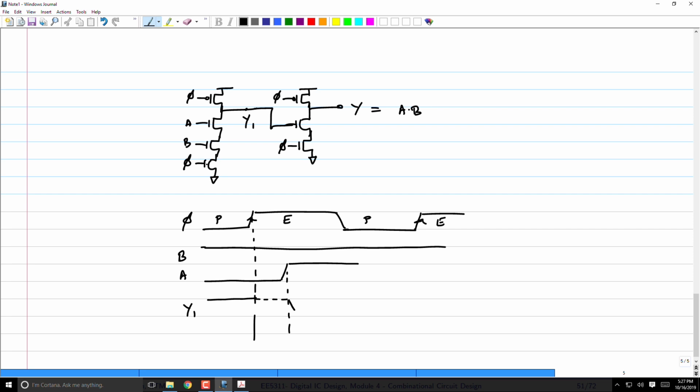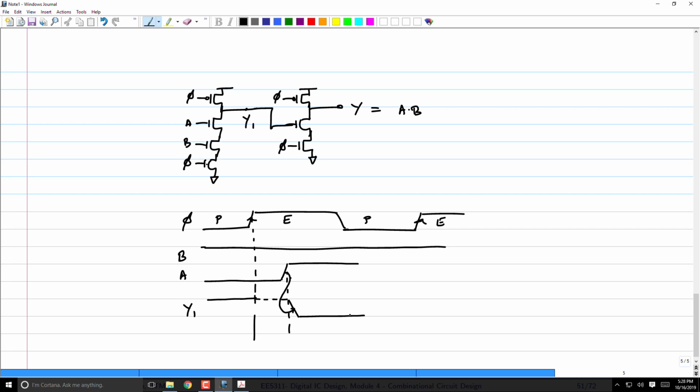Then this will fall, right? This is the falling transition that is causing this output to fall. That's what that arrow means. This arrow here basically indicates that because that signal was rising, that caused that output to fall. Okay, so Y1 has now, what has it done? It has violated the monotonicity condition on my inverter.